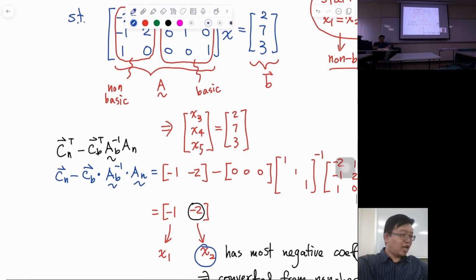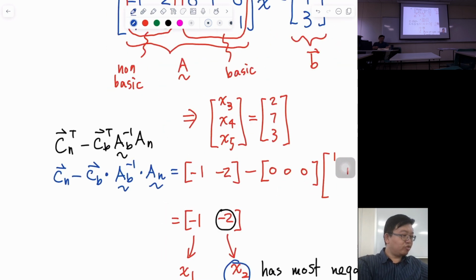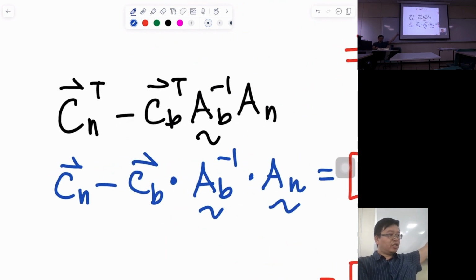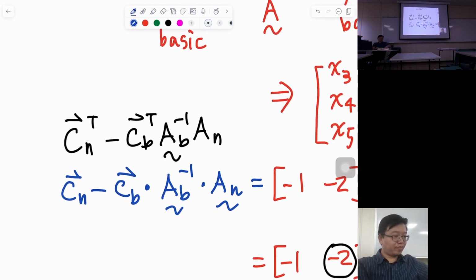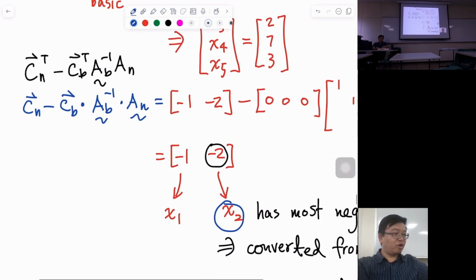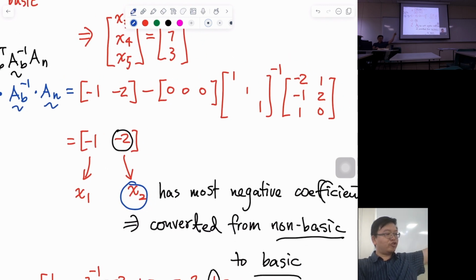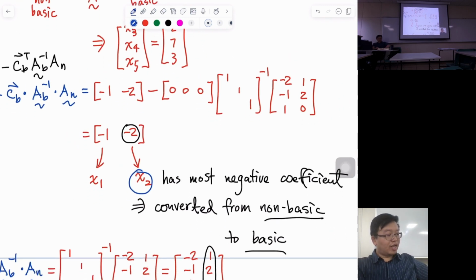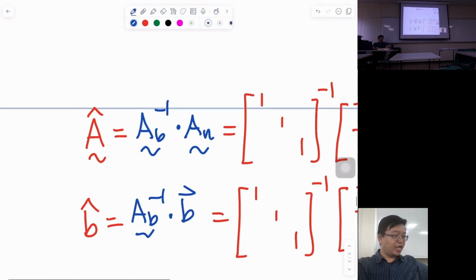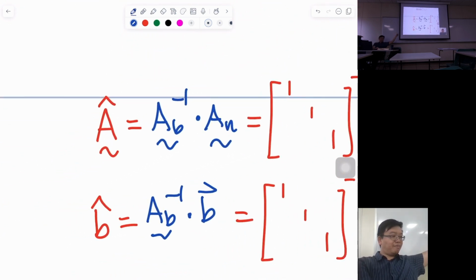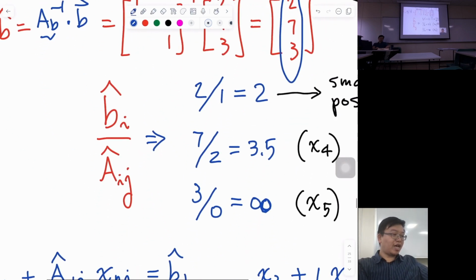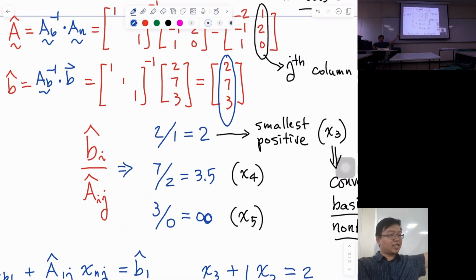And then every iteration I will be computing, which one? The bit black one. I will do the transpose thing. And then I will be finding which coefficient is the most negative. And then I will be computing for A hat and b hat and do the ratio test. And in the ratio test, I will be choosing the smallest positive one.